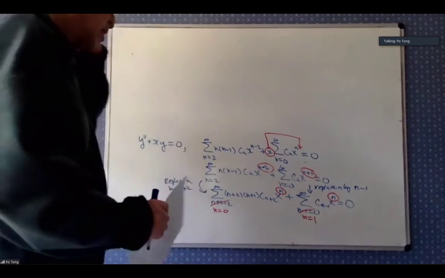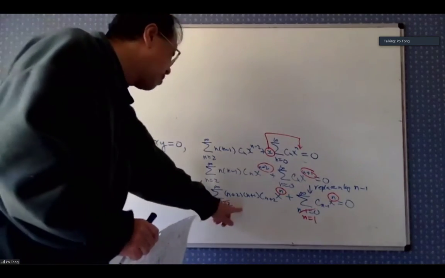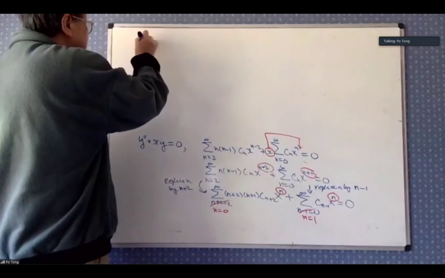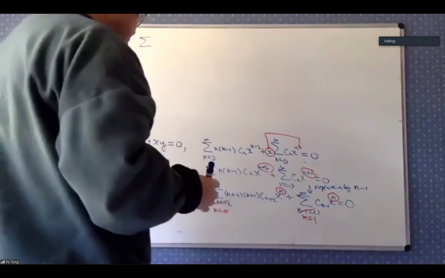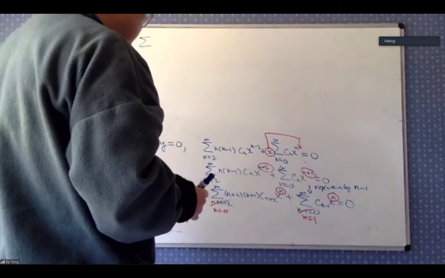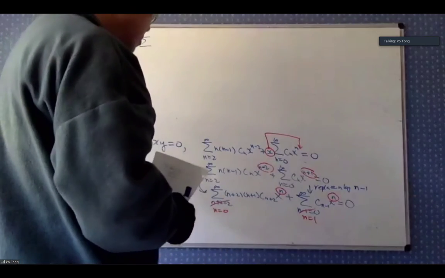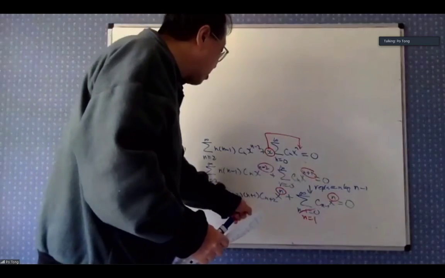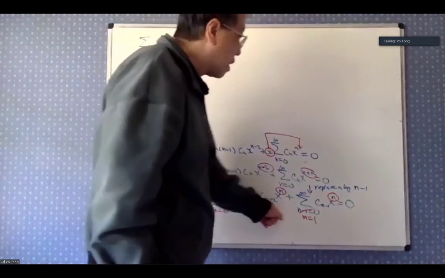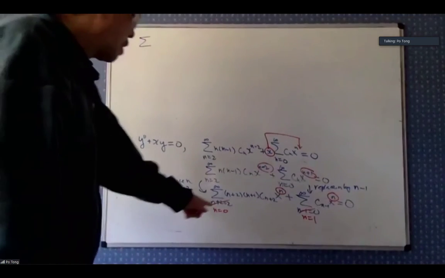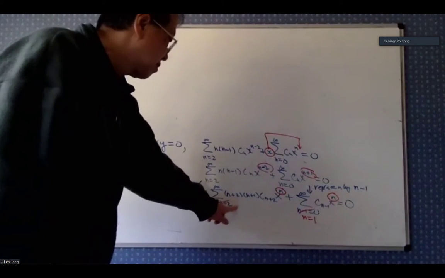Okay, so I have this now. I'm combining both of them together. Now, this guy starts with n equal to 0. This guy starts with n equal to 1. So I have to take the first term out.